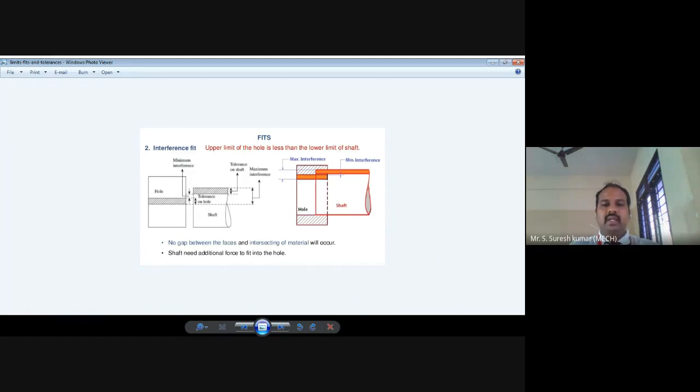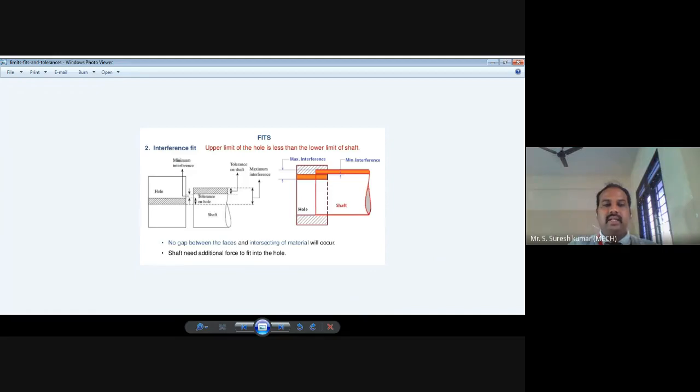There are types of fits, namely, the first one is clearance fit, the second one is transition fit, and the third one is interference fit. So there are three general types of fit between the mating parts.